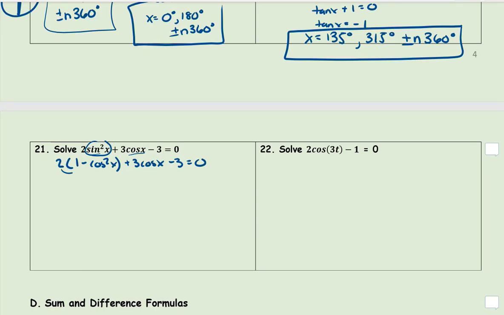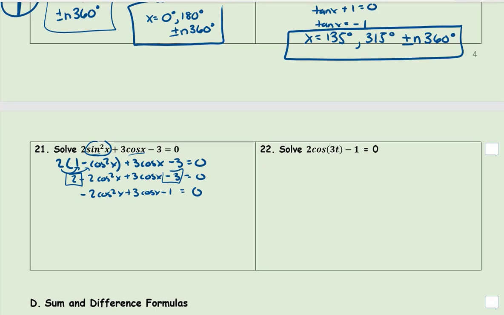So we have 2 times 1 is equal to 2. 2 times negative cosine squared is negative 2 cosine squared x, plus 3 cosine x minus 3 is equal to 0. And then we can reduce these, because 2 minus 3 is just negative 1. So now we have negative 2 cosine squared x plus 3 cosine x minus 1 is equal to 0.